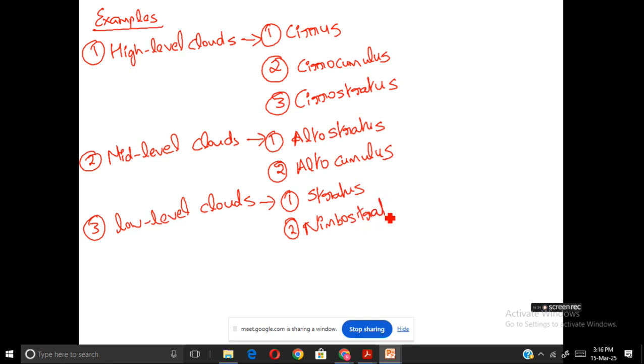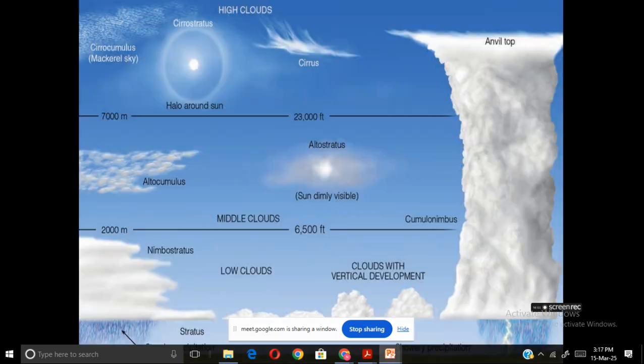Nimbostratus means it has the shape of a stratus cloud, and it is a rain-bearing cloud. That's why the name nimbostratus came. So nimbo indicates it is a rain-bearing cloud, capable of producing precipitation. And the third one is strato. So these are examples of high level, mid level, and low level.